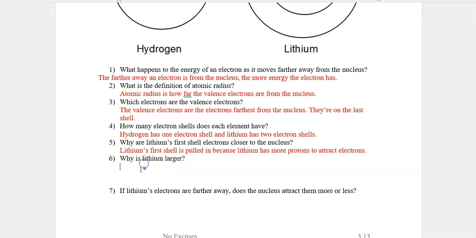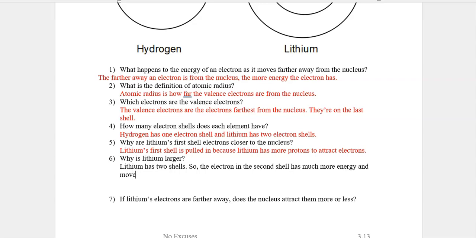Well, lithium doesn't only have 1 shell. Lithium has 2 shells. So the electron in the second shell has much more energy and moves farther away, making lithium larger than hydrogen.